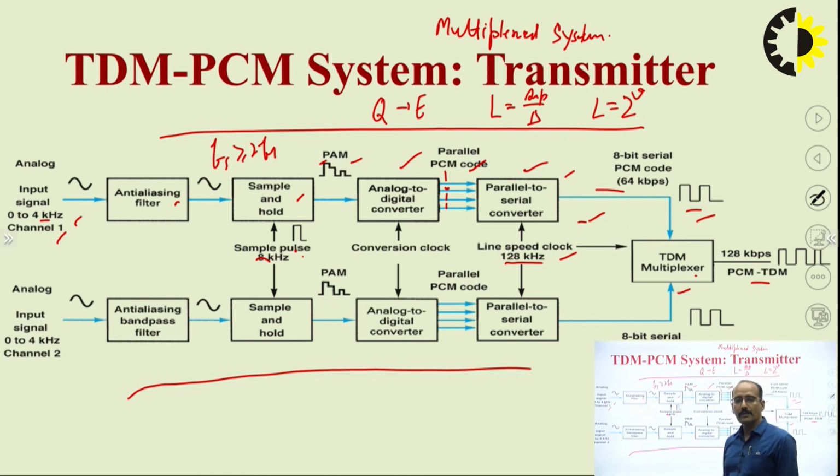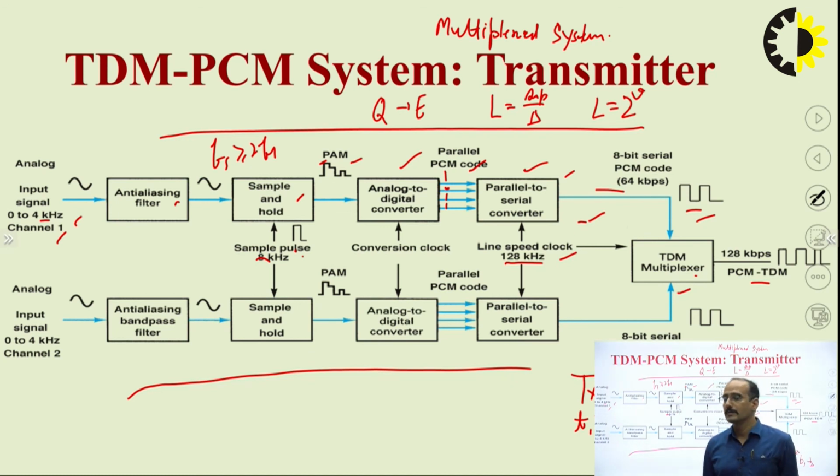Because you are performing two things at the same time at the transmitter as well as the receiver. If you send bit B1 at time T1 and at the receiver you get that B1 bit at a different time, out of synchronization, you cannot reconstruct the original signal.